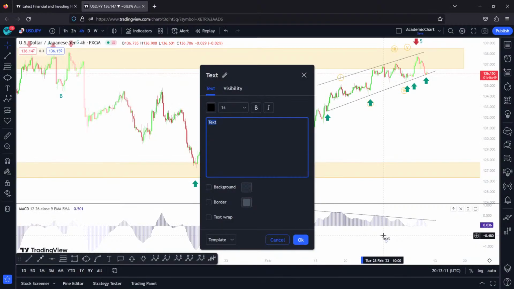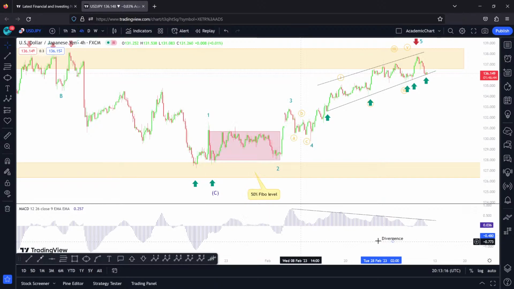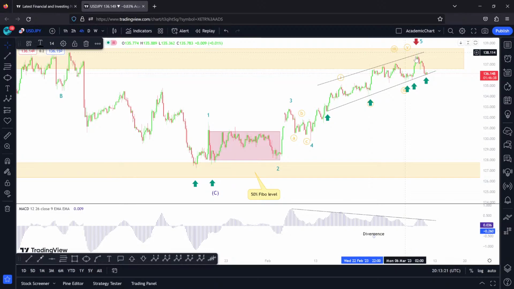Let's clarify this by writing it down here, not to forget about that. So this is another signal. We are reaching a very important weekly strong resistance level. We are having an almost finished impulsive wave.